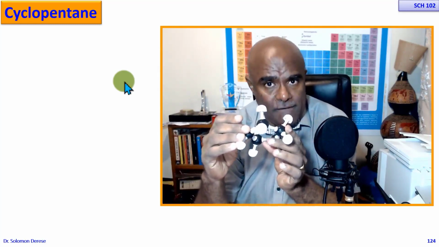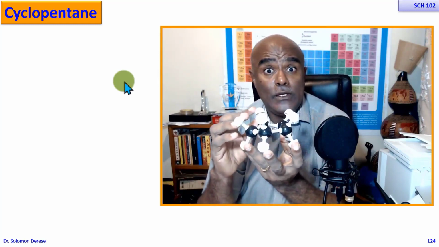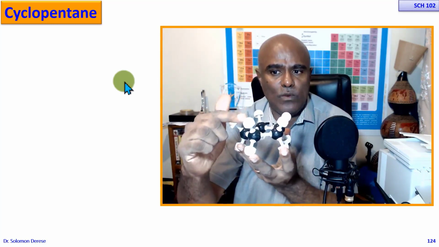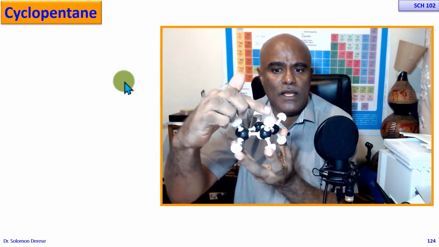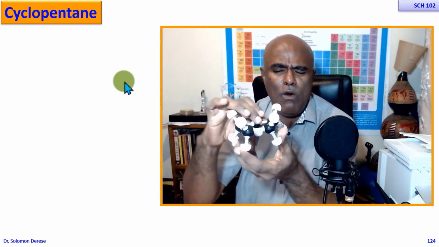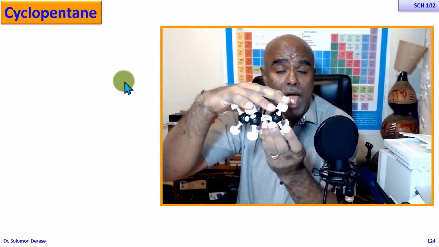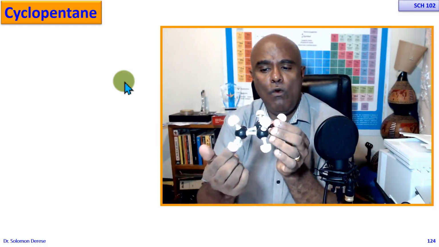So there is not much angle strain in the planar conformation of cyclopentane. However, in the planar conformation, since all the 5 carbons are in the same plane, the hydrogens eclipse each other. This one eclipses this one, eclipses this one. The hydrogens above the ring and the hydrogens below the ring, all of them eclipse each other.